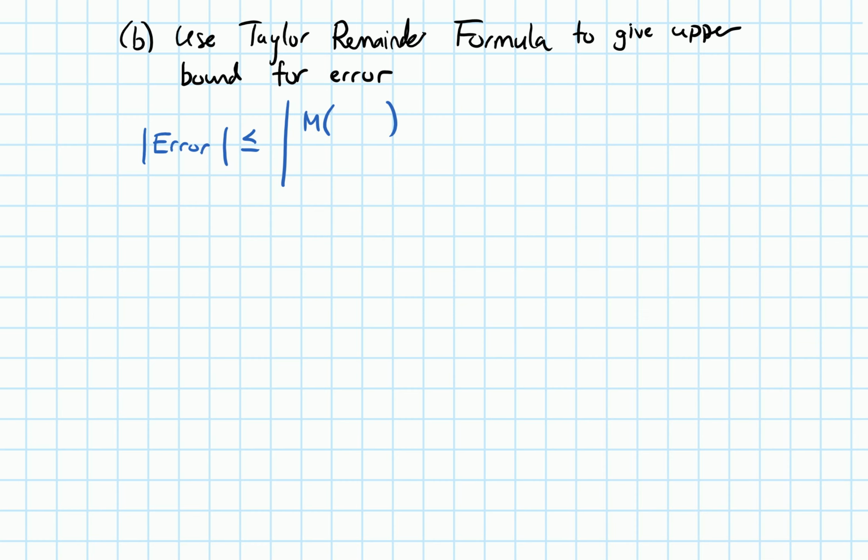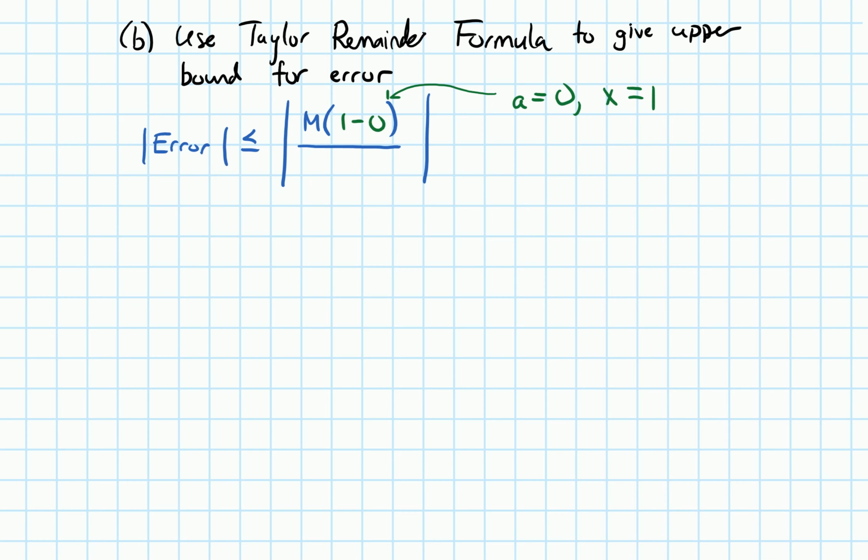I'm going to give myself a little bit of space to fill stuff in. Typically here we would have x minus a in the parentheses. But we know that a, the center point, is 0. We know that x, the value that we're actually plugging in to estimate what's going on there, is 1. So we'd have 1 minus 0 here.